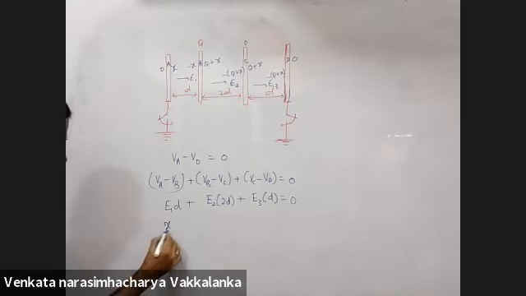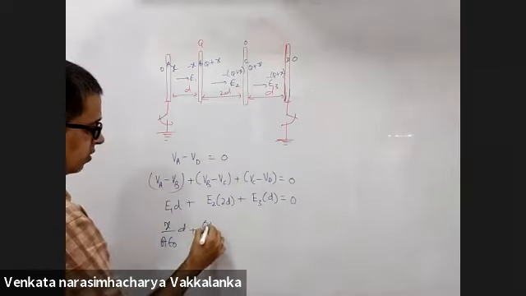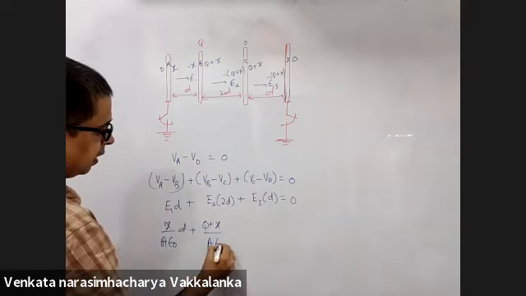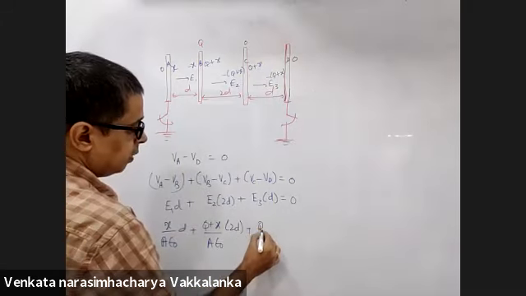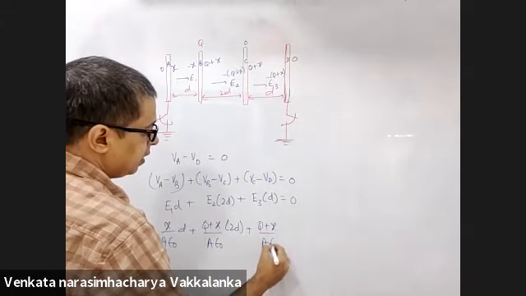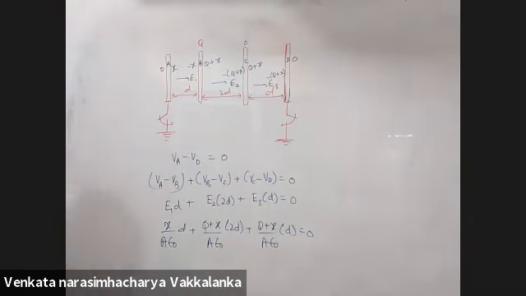What is E1? X by A epsilon naught. What is E2? Q plus X by A epsilon naught. And E3 is Q plus X by A epsilon naught.